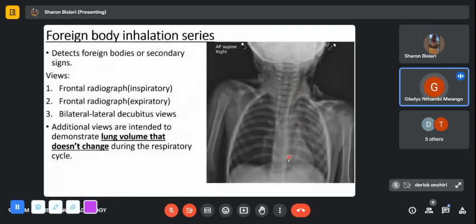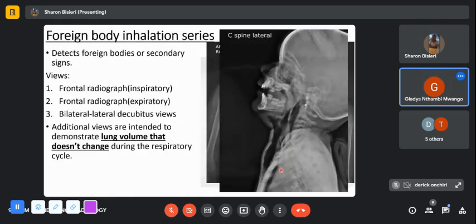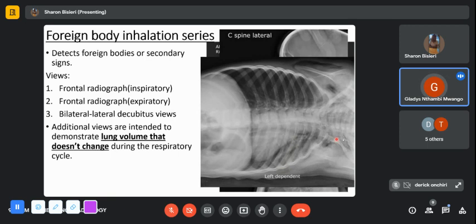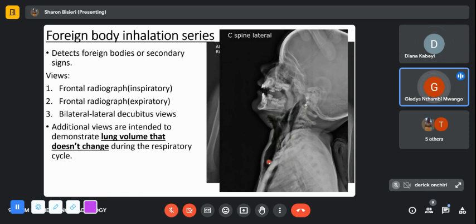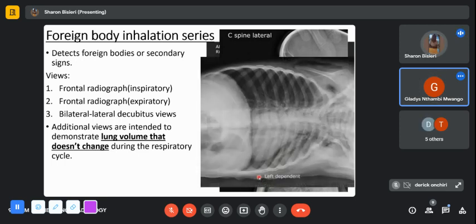Your lateral neck view again confirms that there was air within the neck, and you can see it extends to the mediastinum. That also explains what we are seeing in the decubitus images. All right, thank you.